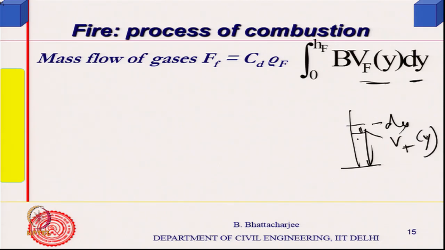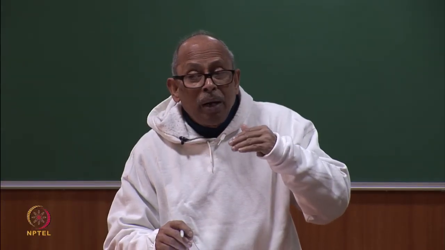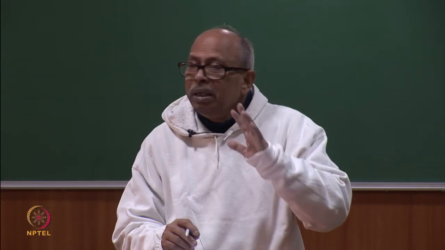So, the flow is area into velocity. What is the area? Let us say B is the width of the window. So, B dy is the area into velocity, and the limits are 0 to Hf, where Hf is the height of the window above the neutral plane.